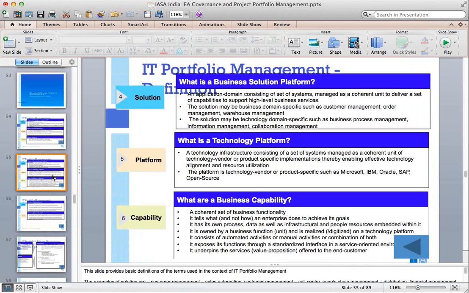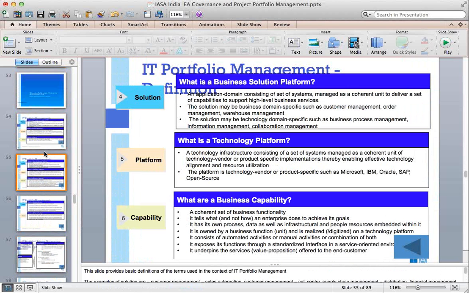So this business capability set will be owned by the business function or unit that we spoke of a couple of slides back, and either realized or digitized through a technology platform. It may have automated or manual activities, and that's where the processes come in as a set of activities or events, and functions through standardized interfaces. And that's where the orientation of architecture and environment helps you.